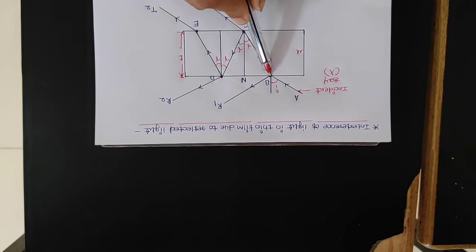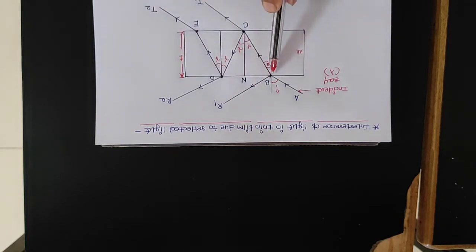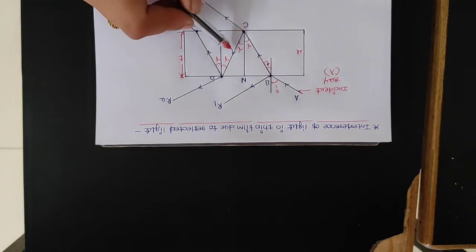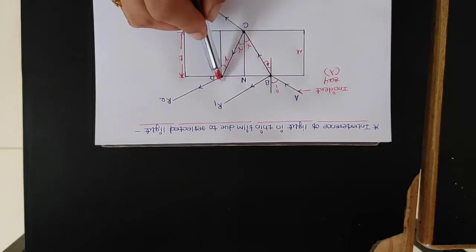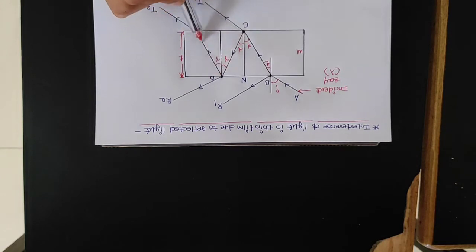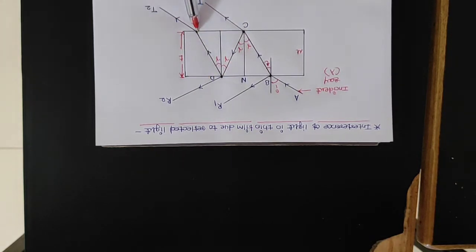Now from point B, the ray is partially reflected along BR1 and partially refracted along BC. At point C, it is again reflected along CD and refracted along CT1. Similarly, partial refraction occurs at point D and at point E.